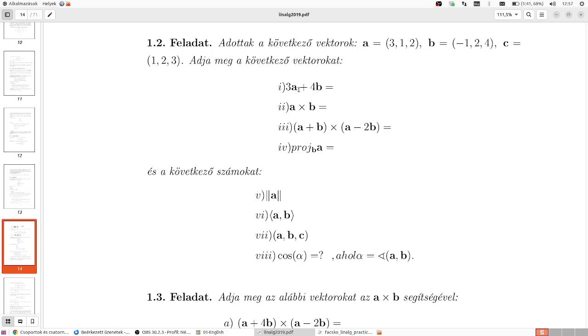Okay, A times B, that we calculate the components, multiply the components.